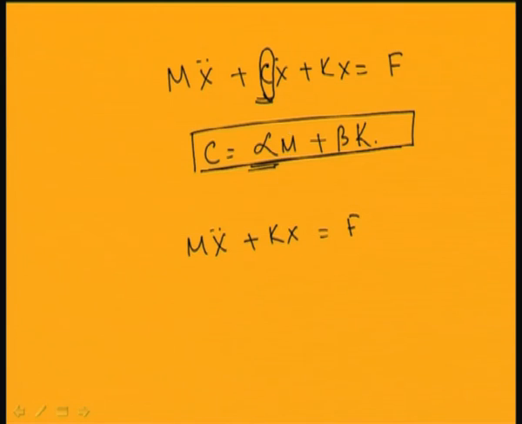This damping matrix is converted, or C x dot equals alpha m x double dot plus beta k x. So, this damping force is divided proportionally into this inertia force and stiffness force, and by proportionally converting that by using this Rayleigh damping, the damped system is converted to an equivalent undamped system.